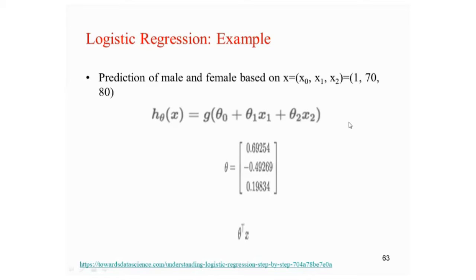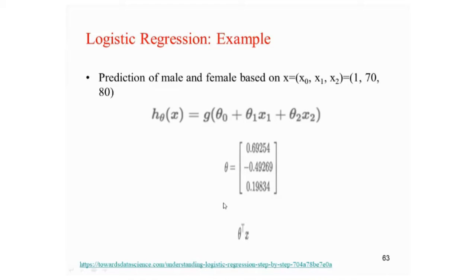Based on that we train the model, and after training the model we will get the tuned value, meaning the optimal value for theta, like this. Theta 0 is 0.69, and theta 1 is -0.49. Similarly for theta 2, 0.19. So after applying the gradient descent method, you got this based on the training data. I have not mentioned the training data here.